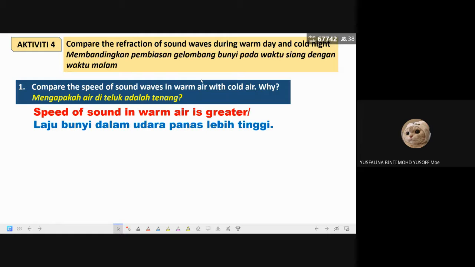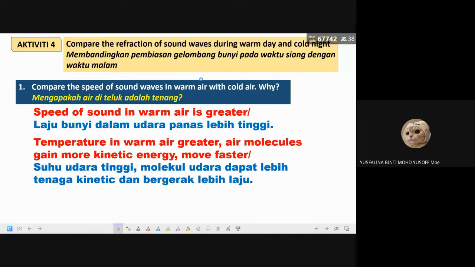So when they move faster, they can transfer the sound energy faster, since they have high kinetic energy. So this is the reason. The speed of sound in warm air is greater because with the higher temperature, the air molecules gain more kinetic energy and move faster, so they can transfer the sound energy faster.